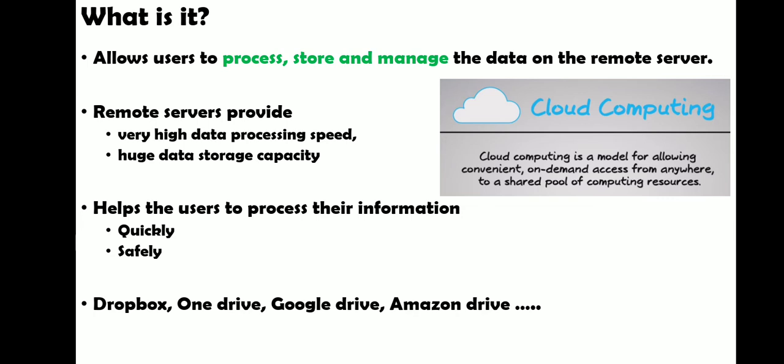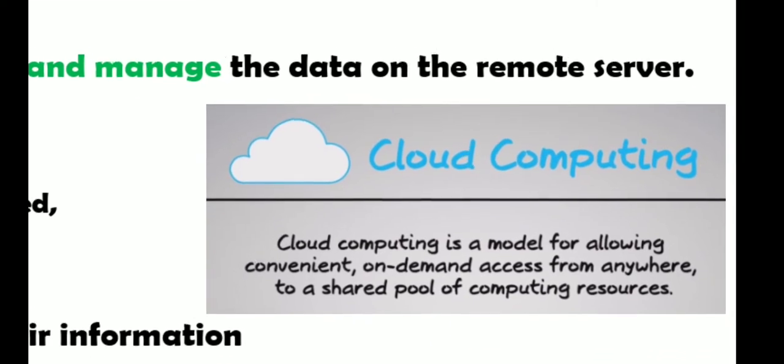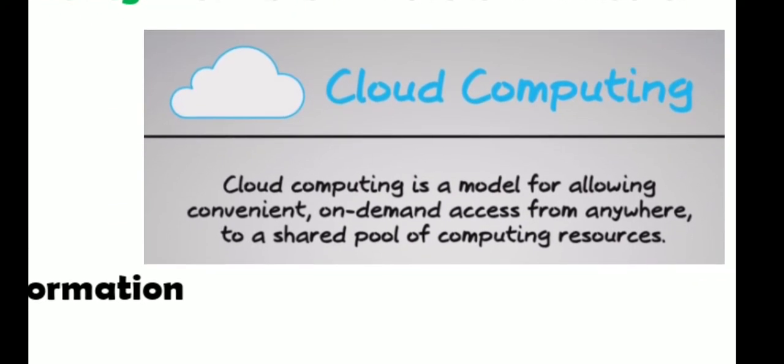So cloud computing is a model for allowing convenient, see here, the definition is given here. It's a model for allowing convenient on-demand access from anywhere to a shared pool of computing resources. What may you have in the cloud? You may be connected with some web servers.